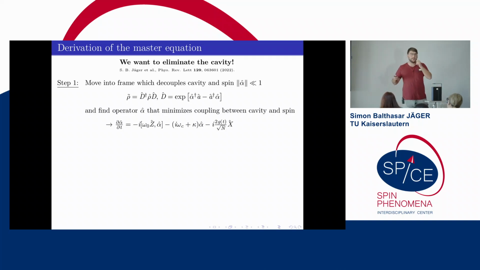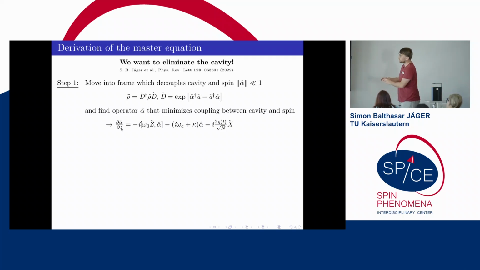Now what you want to do is, in this new frame, after you have done this displacement, you try to get the atom and cavity decoupled, up to a certain order. What you can show is that up to third order, this alpha needs to fulfill the following equation of motion, which is just given by this. It has several terms.